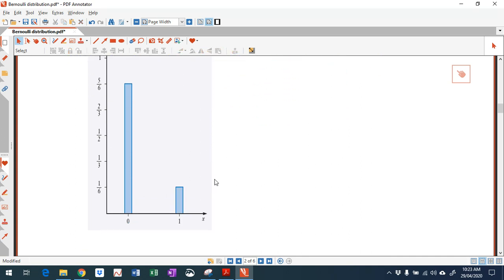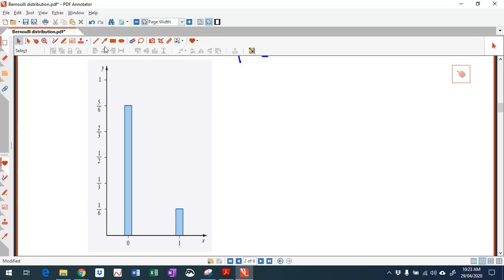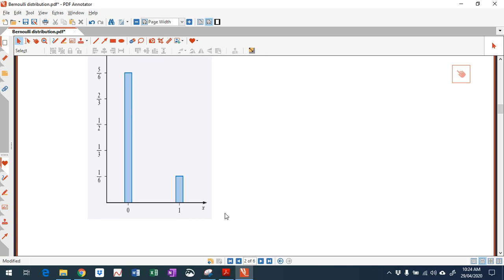All right, so what have we got here? We've got the probabilities on the vertical axis. We've got the success or failure values on the horizontal axis. Okay, so you've got 0, obviously the probability of failure is 5/6, probability of success is 1/6. There you go. All right, now part B.